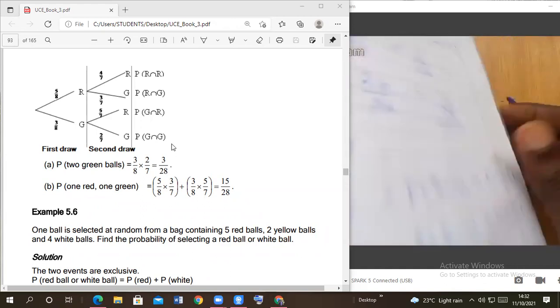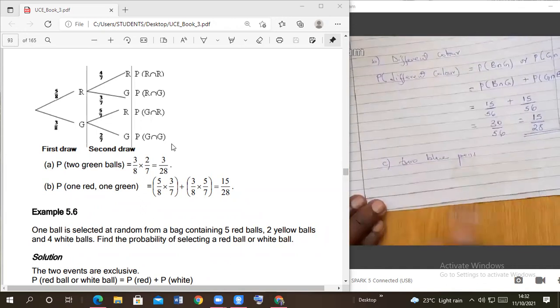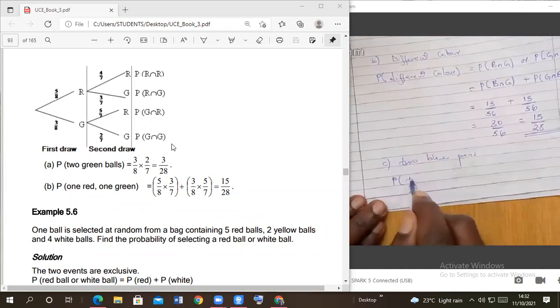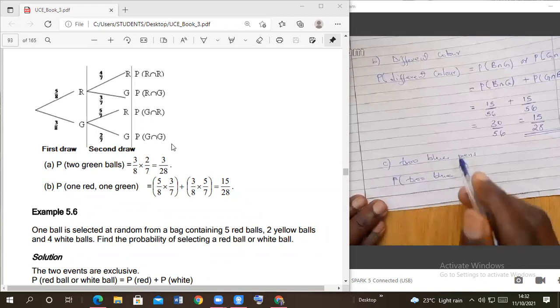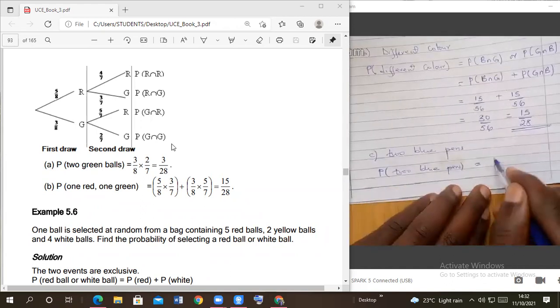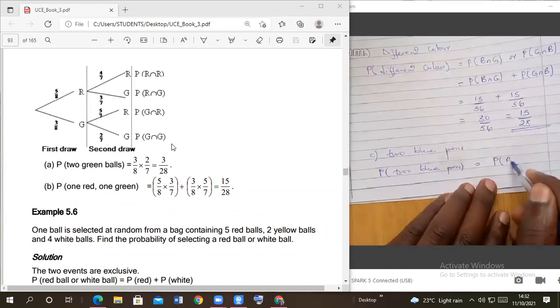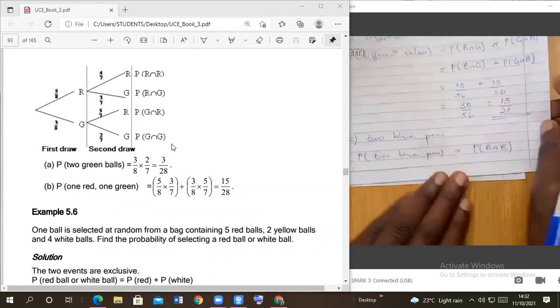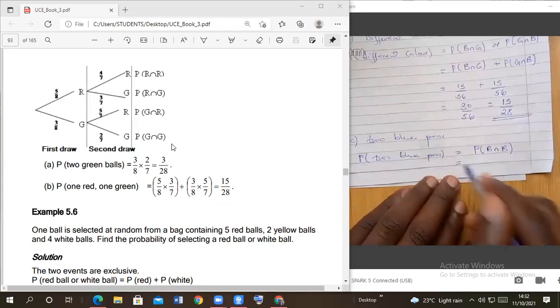The probability of picking 2 blue pens is just going to be the probability of blue and blue.